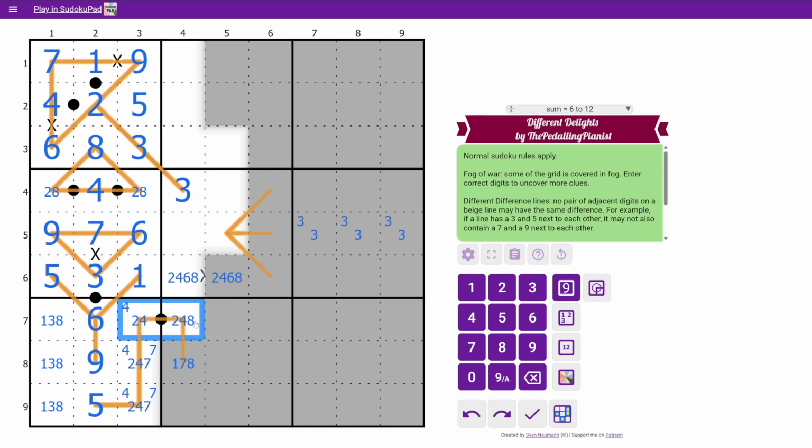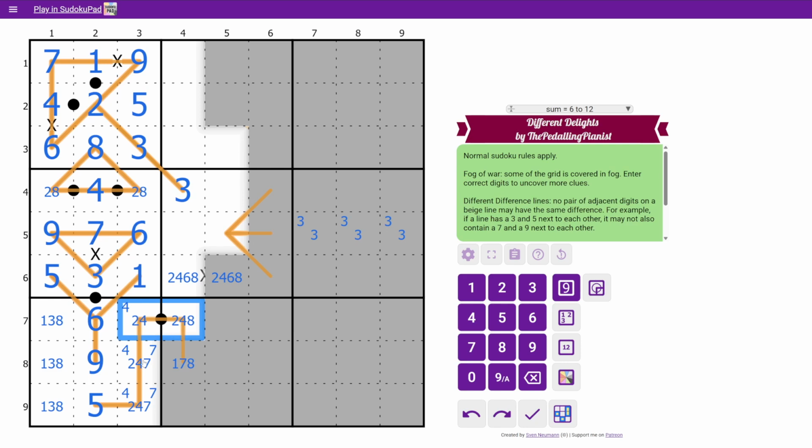If it was a 4, 8, this would be 2, 7. Two couldn't go here because the 7 would have to go there.